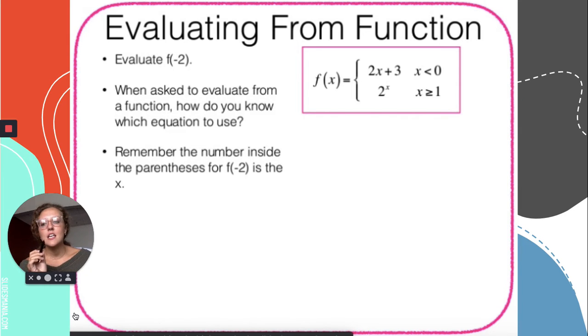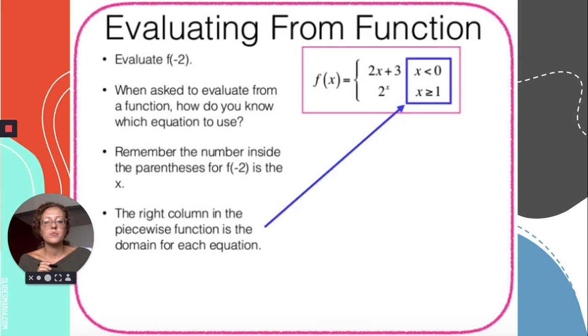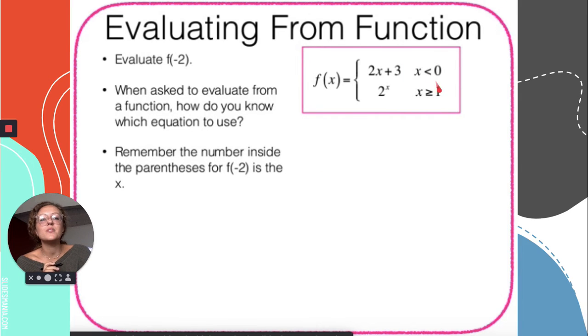But when it's a piecewise function and it's given to you in function form like it is here, it's a little trickier because we can't just look on our graph to figure out which piece of the graph it is. We have to use these domain restrictions to find it.